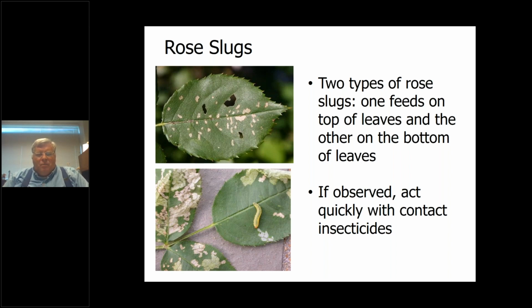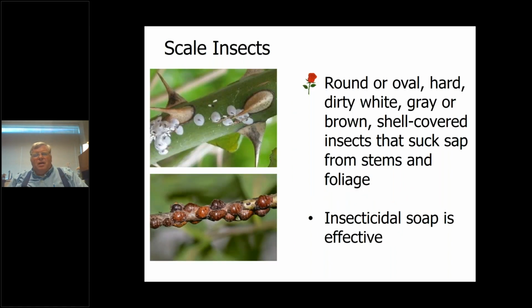And so often when people contact me about this, the maggots have pupated on the ground and they're no longer there. And when they bring them to me, there's nothing to see because the damage is old. So you can use insecticides on these things, but you've got to catch them when the maggots are on the leaves and before they do any serious damage. Inspection, inspection, inspection. Cannot say that enough.